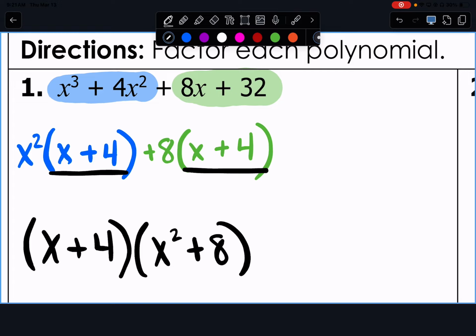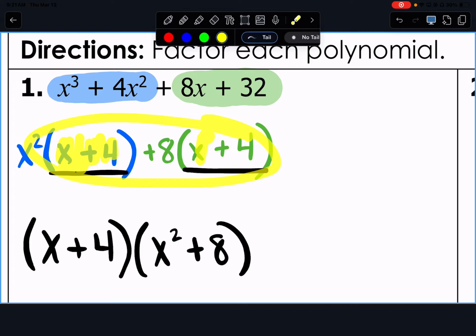So that is our answer. And do I have to check it every single time? But if you're ever doubting yourself, check it, okay? These problems kind of have a built-in self-check too as you go, because if you get to this step right here and these numbers aren't the same, you know you did something wrong, okay?